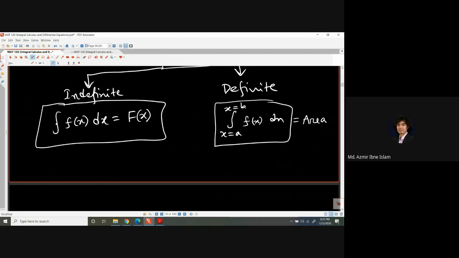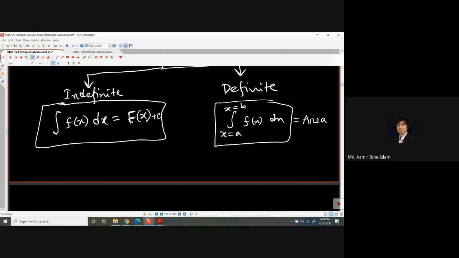Okay, so since we don't have lower limit and upper limit for an indefinite integral, what we will get finally is the function. But at the same time, we may have a family of functions. That means we may have several functions. So we add a constant c.